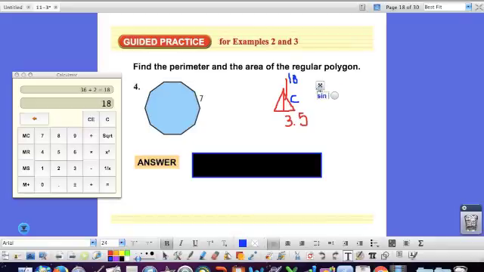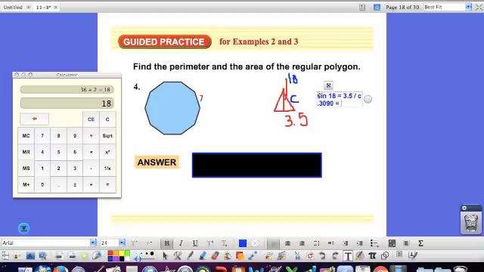So that's going to be the sine of 18 is equal to the opposite divided by C, which is the hypotenuse. In my calculator, the sine of 18 is 0.3090.